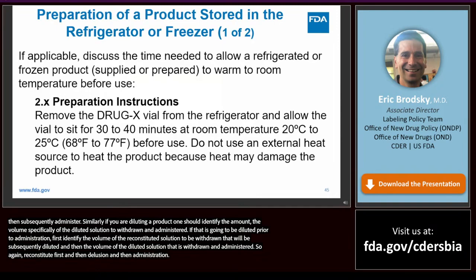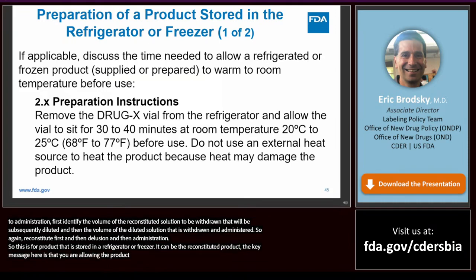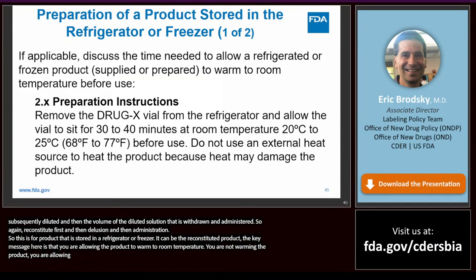So this is for a product that is stored in a refrigerator or freezer. This could be the supplied product. It could be the diluted product. It could be the reconstituted product. And the key message here is that you're allowing the product to warm to room temperature. You're not warming the product. You're allowing the product to warm to room temperature prior to administration.